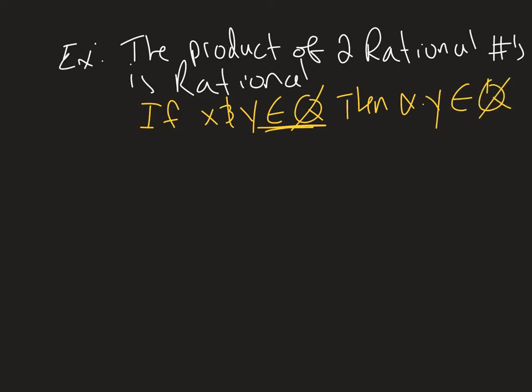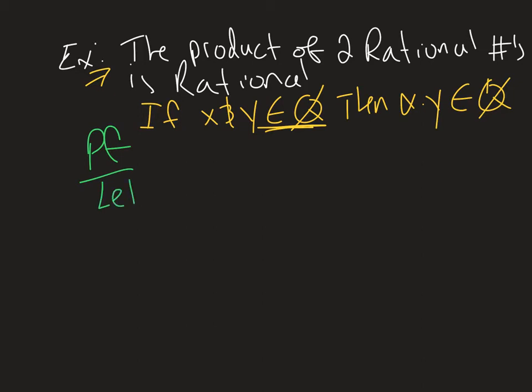That might not be so clear-cut from the original statement, but this is the if-then equivalent. If I have two rational numbers and I multiply them, then it's rational. So I'm going to let that happen. We'll start our proof.